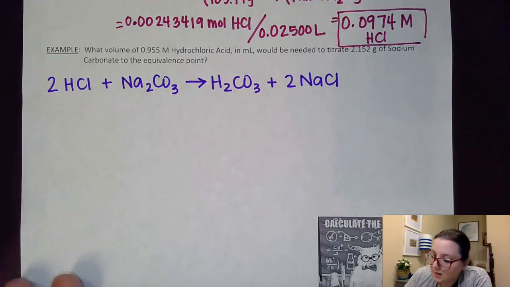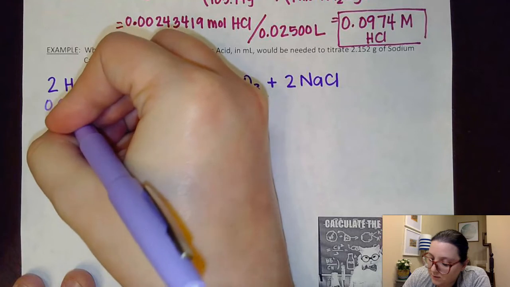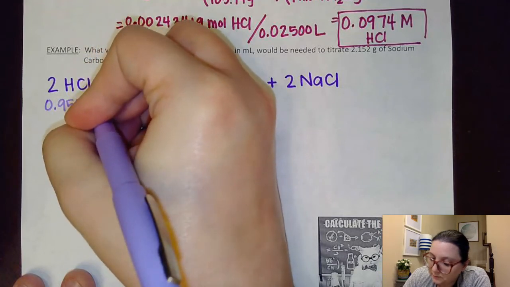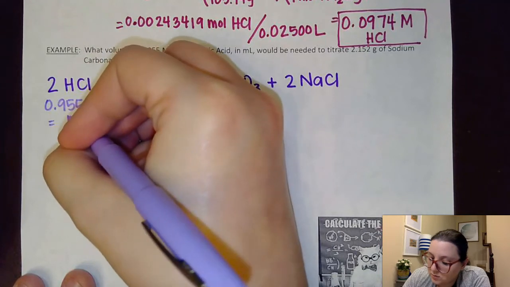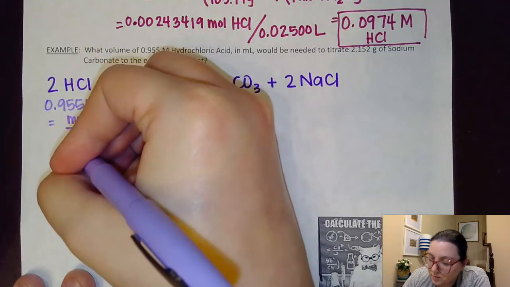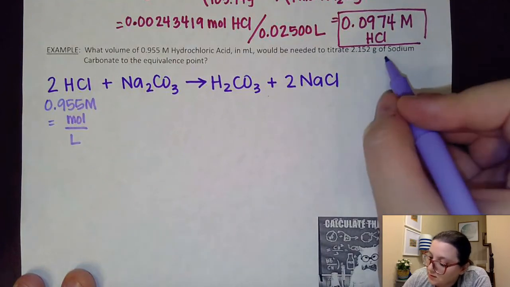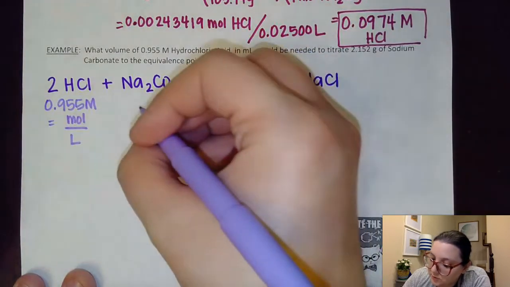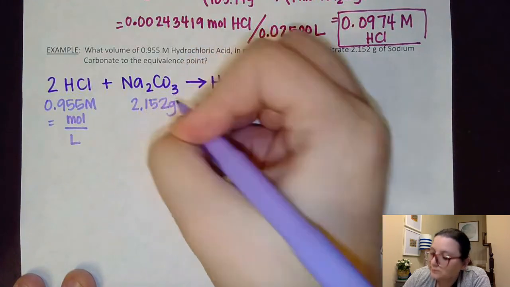So for hydrochloric acid, we have 0.955 molarity, which is the same thing as saying the moles over the liters of it. Then I have of the sodium carbonate 2.152 grams.